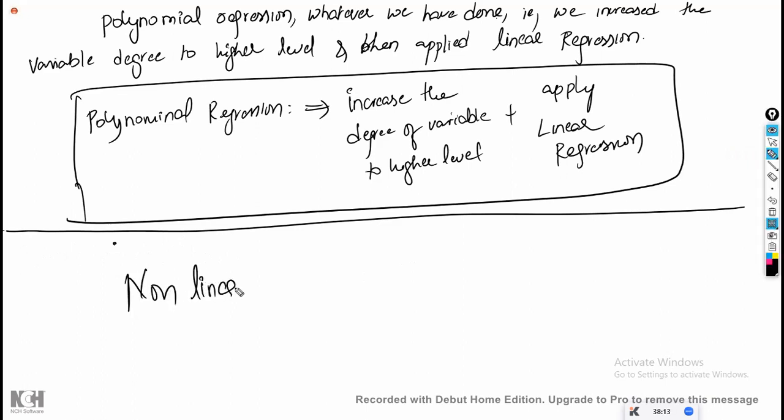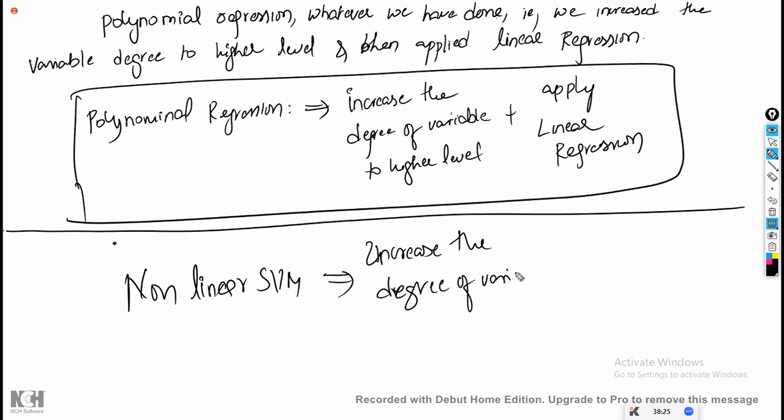Non-linear SVM. In nonlinear SVM, we are going to increase the degree of the variable to a higher level. Whatever I have written above, I'm writing the same here and applying it here also.